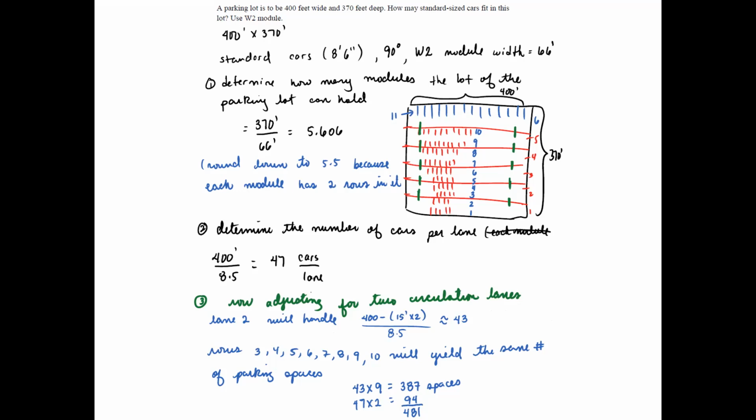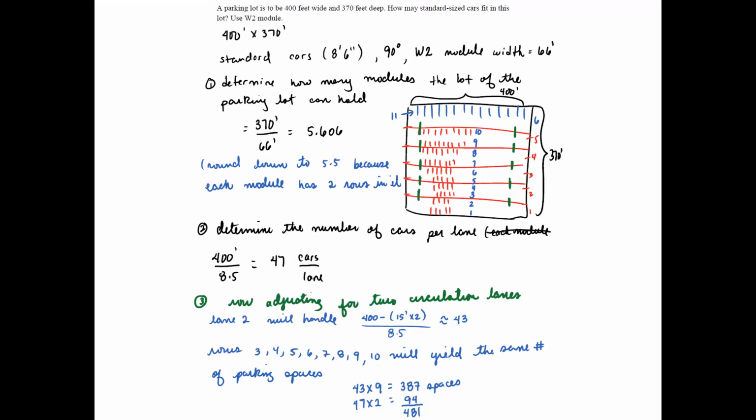For each row, the width of the vehicles is going to be 8.5 feet, and I have 400 feet of space. If I divide 400 by 8.5, that's about 47 cars per lane.